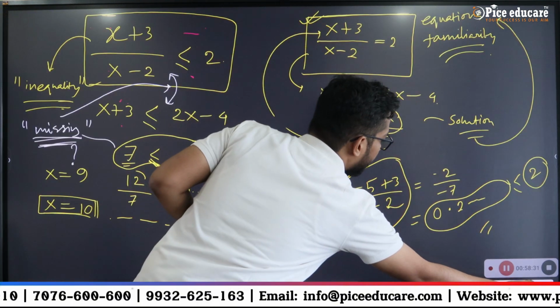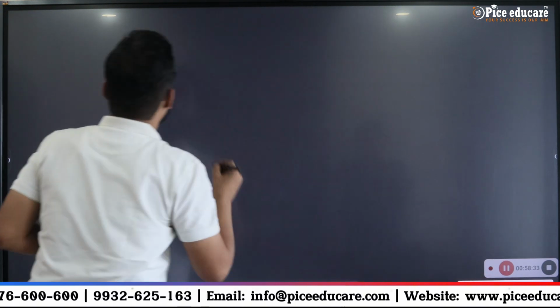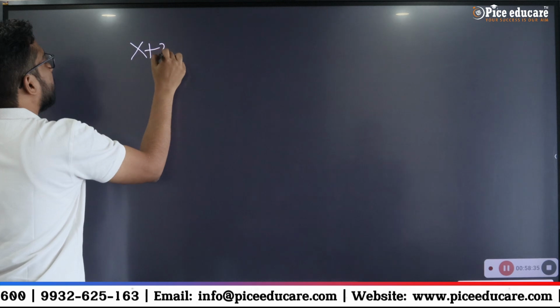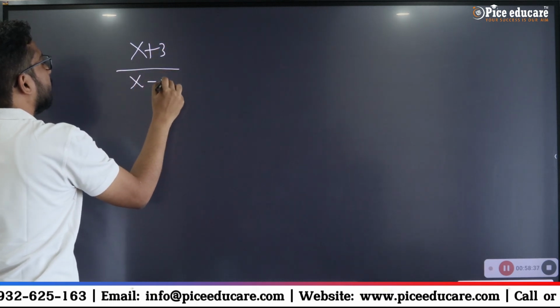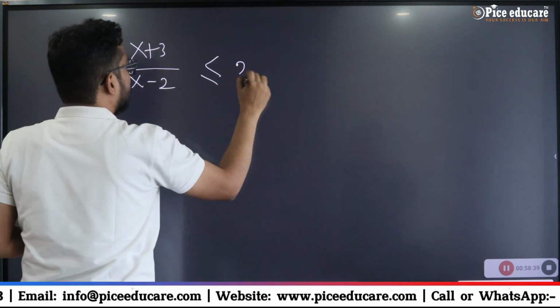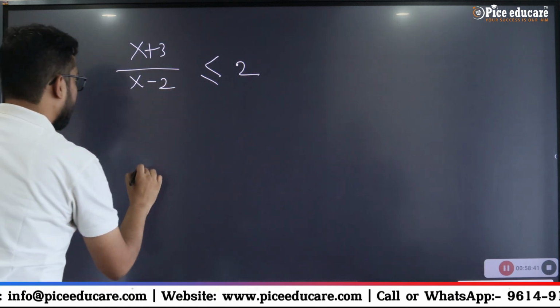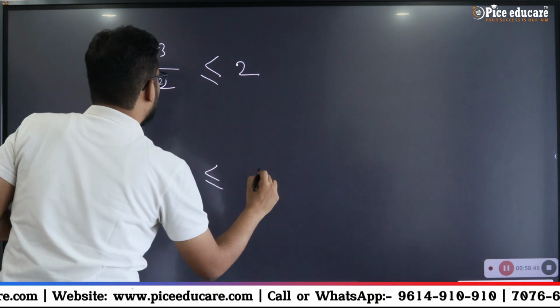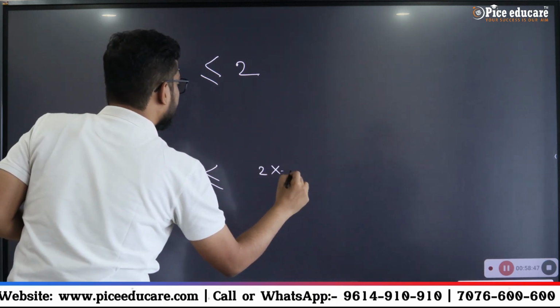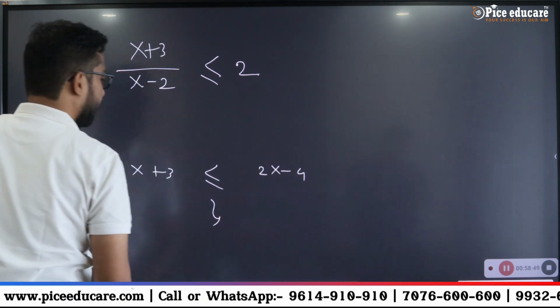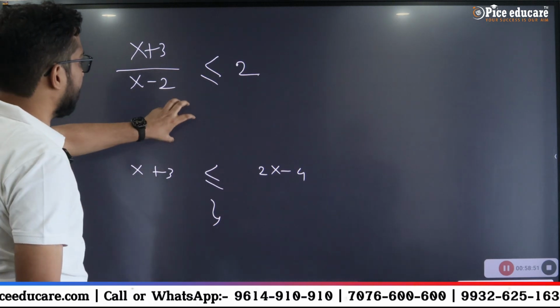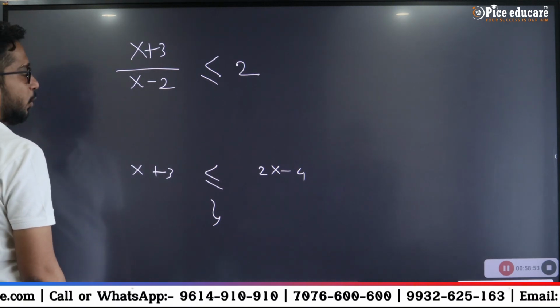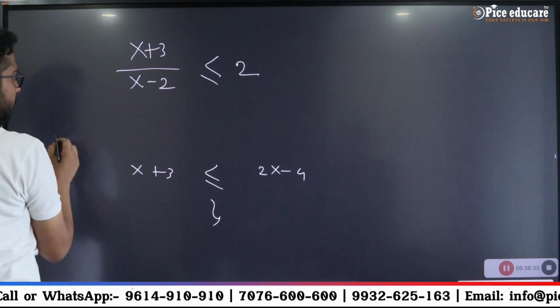I had x plus 3 by x minus 2 less than equal to 2. So from here, if I am trying to write x plus 3 less than equal to 2x minus 4, and then we have proceeded, right? So what is happening here? What is the step? What did we do here?